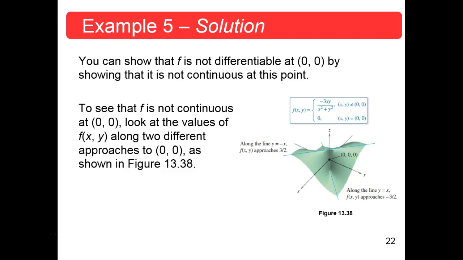No way those are going to be differentiable there. That's the only way it comes to the point. That's a case that, like the cusp, it's continuous at that point, but it's not differentiable.